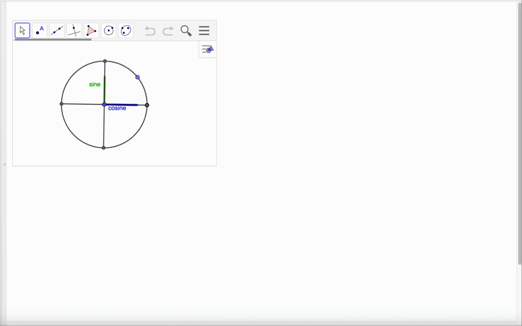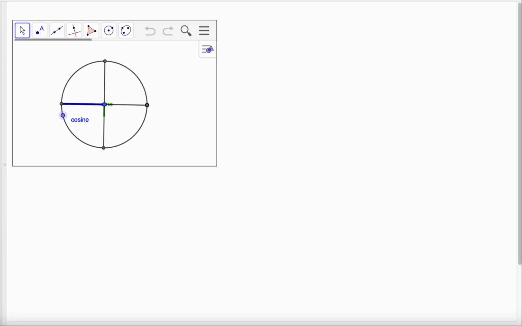At 7 pi over 6, now, after we get past pi, now the sine values are negative, more negative, more negative, most negative at 3 pi over 2, less negative, less negative, less negative, and 0. So between pi and 2 pi, my sine values are all negative, getting the most negative at 3 pi over 2, and then getting closer to 0 as I get closer to 2 pi.